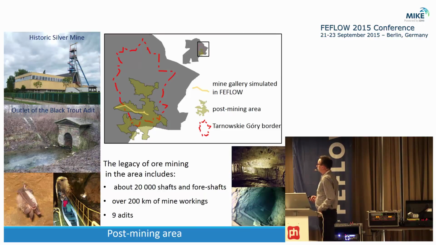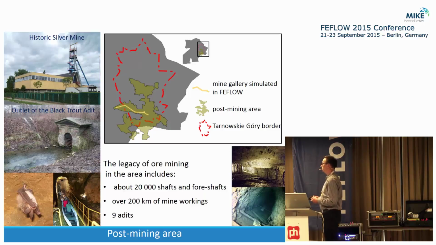In the eastern part, we also have a post-mining area. The area is known from excavation of iron, lead, zinc, and silver. And the mining activity started in prehistoric times and lasted until the beginning of the 20th century. And the legacy of ore mining is now about 20,000 shafts and 4 shafts, over 20 kilometers of mining workings, and 9 adits.